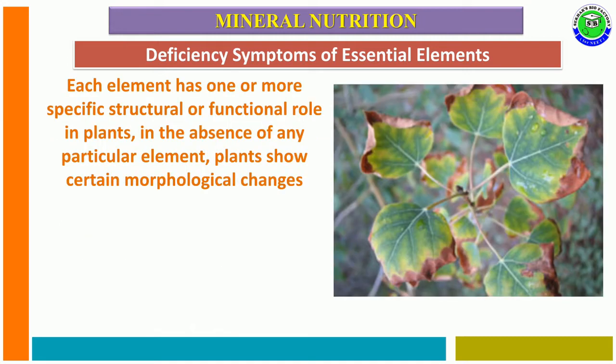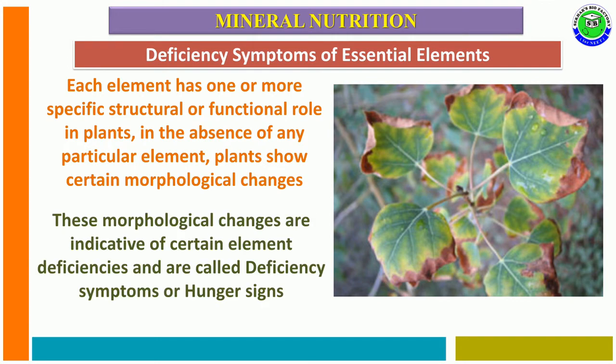Each element generally has one or more specific structural or functional roles in the plant body. In the absence of any particular element, plants can show certain morphological changes, and these morphological changes indicating the deficiency of certain elements are called deficiency symptoms or hunger signs.